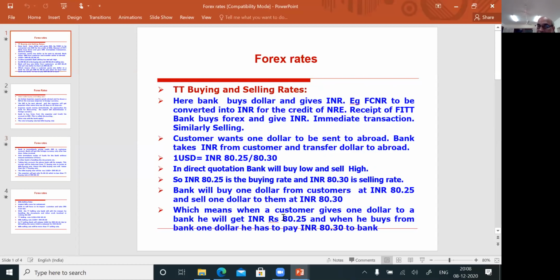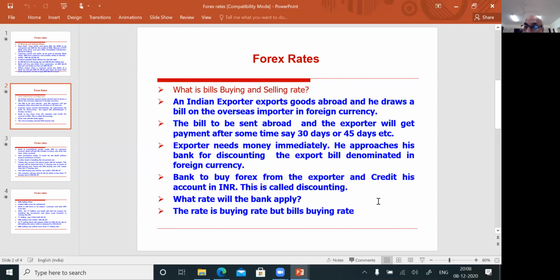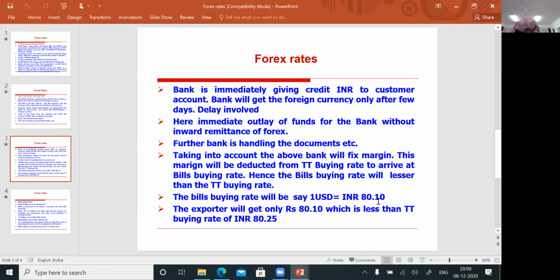Okay, the TT buying rate was 80.25. Correct. So after applying the margin, 0.15 is the margin. Whereas here, the bills buying rate is 80.10. 0.15 is the bank's margin. The margin will be deducted in the case of a buying rate. The exporter will get only 80.10 for $1.